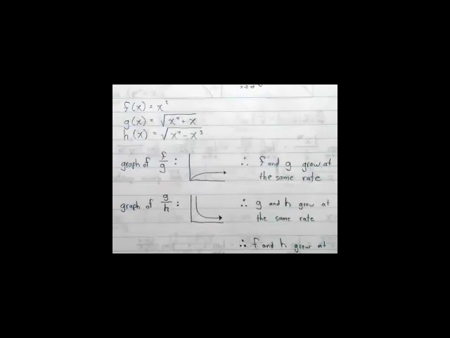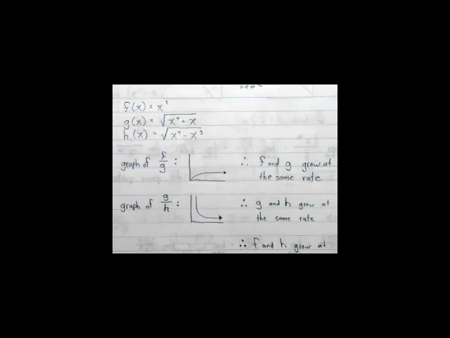Now, it works if things grow faster too. If f grows faster than g and g grows faster than h, what could I conclude? Right. F is faster than g, g is faster than h. Well, f certainly should be faster than h then, right? Or what if f grows more slowly than g and g grows more slowly than h?